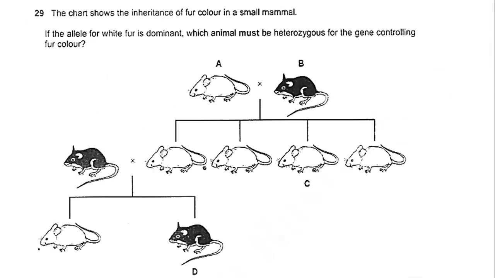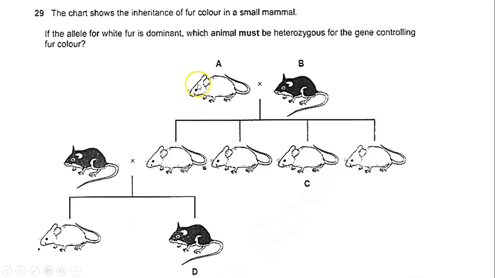The chart shows the inheritance of fur color in small mammals. If the allele for white fur is dominant, which animals must be heterozygous for the gene controlling the color? So now we know that the black ones are homozygous recessive, right? So we will only be confused between A and C, because B are definitely homozygous recessive because they are showing the phenotype of the recessive allele.